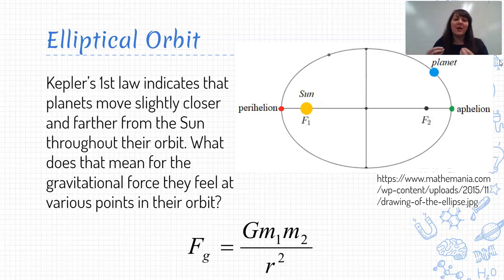Let's connect that back over to Newton's law of universal gravitation and predict, what does that mean about the gravitational force acting on a planet as it engages in this elliptical orbit? So we see that inverse square law coming into play again because the masses aren't significantly changing, but the distance between the primary body and the orbiting body is changing.